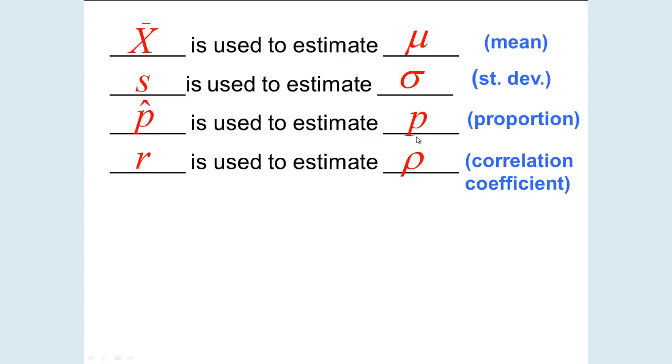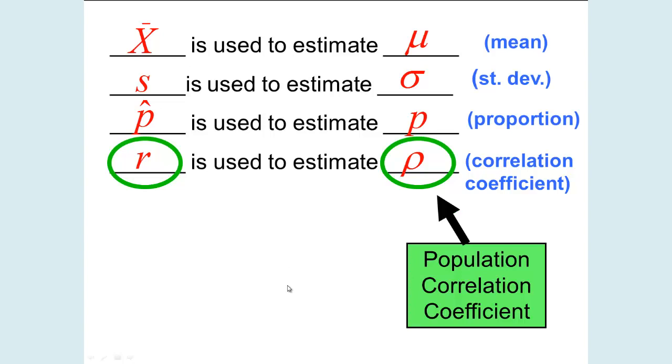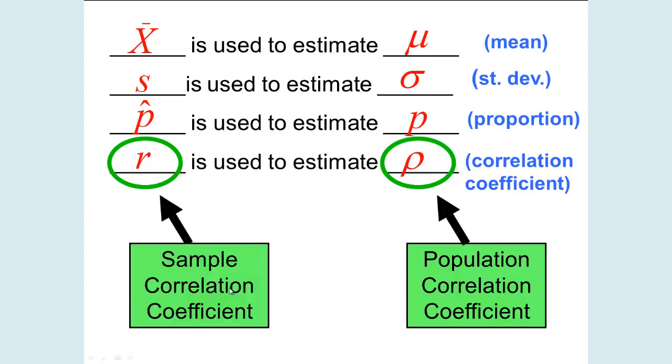So in this video and PowerPoint, r is our sample correlation coefficient, and rho is our population correlation coefficient. We're going to be looking at samples, and therefore we will be talking about r, the correlation coefficient for that sample.